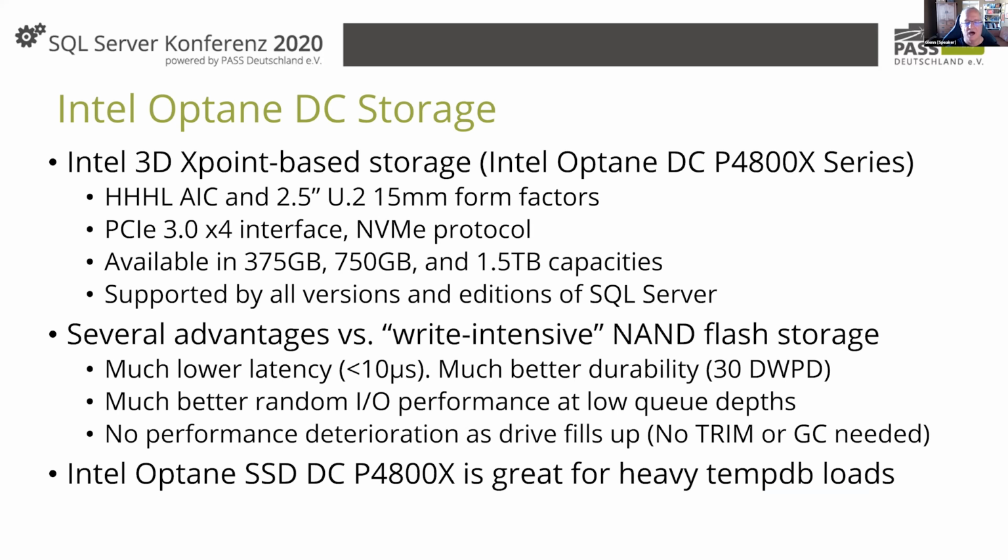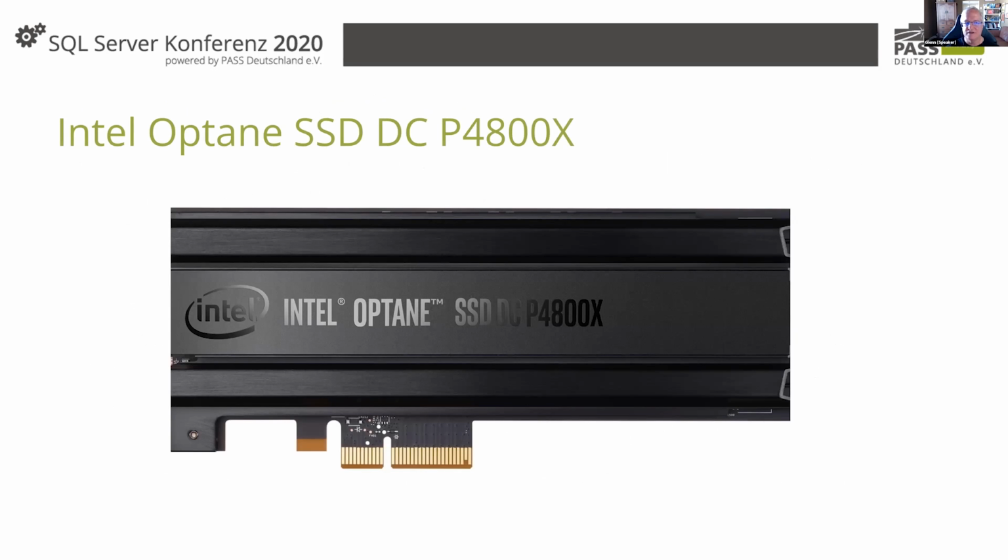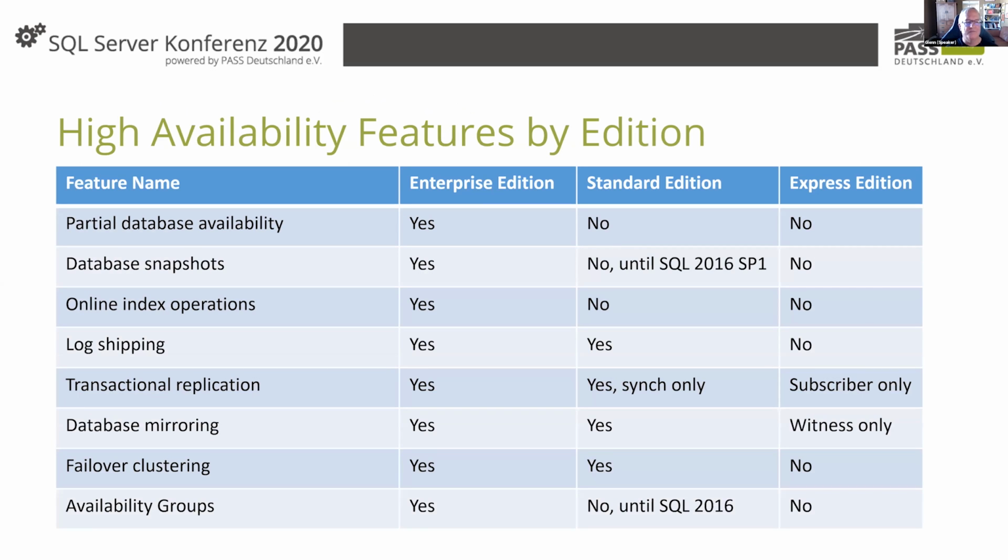The durability is higher. It gives you better random IO performance. So if you have a workload that's really hammering tempdb, this is a great solution. And that's what it looks like. So that's the end of the Intel commercial, but I've got a lot of clients that have used that, and it works really well.